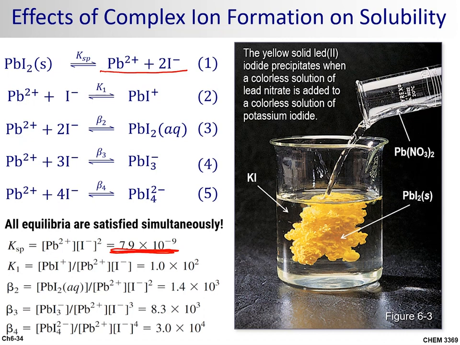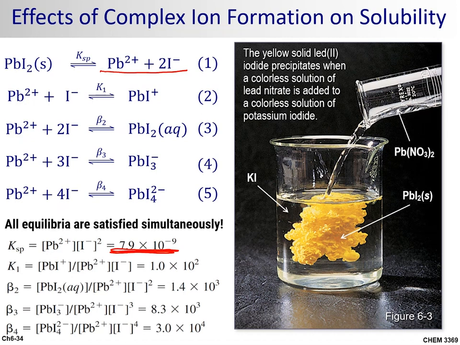However, we actually observe experimentally that when the concentrations of iodide are on the higher side, that causes more PbI2 solid to dissolve. So the solubility actually changes depending on the concentration of I- ions. And we explain this by the formation of complex ions.